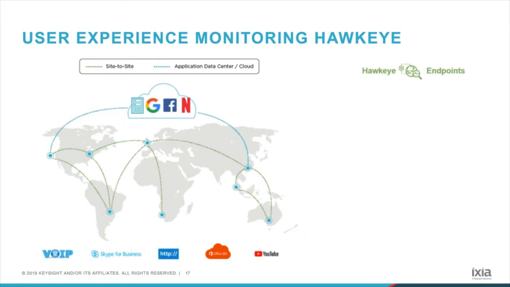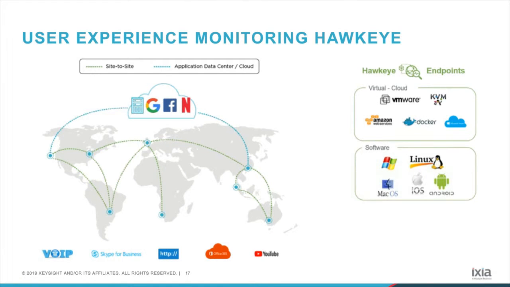So in terms of endpoint deployment, we pay a lot of attention to that because that's really at the core of our product. We want that to be as easy and as cost-effective as possible. So we have a lot of options. Most of them are software-related. We see a lot of our software endpoints being deployed because they're easy to place at the remote sites and very cost-effective.